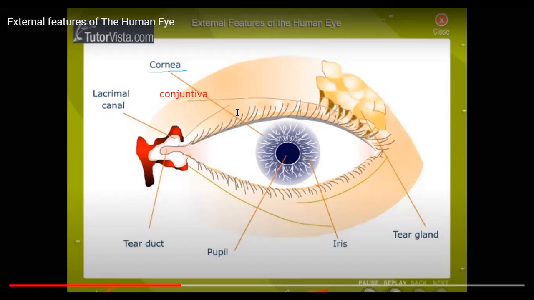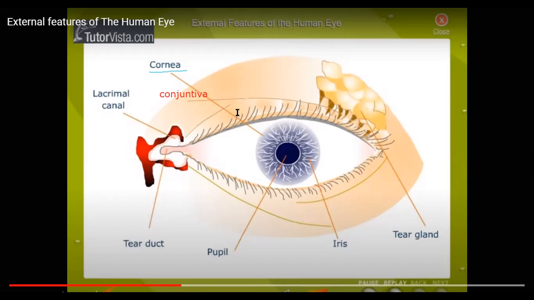In some cases, the outermost layer of the eye, that is the conjunctiva, is infected by a certain viral infection, and that makes our eyes turn red, which we call a red eye. It is very common, and the common terminology we use is red eye, but the biological term for this is conjunctivitis.